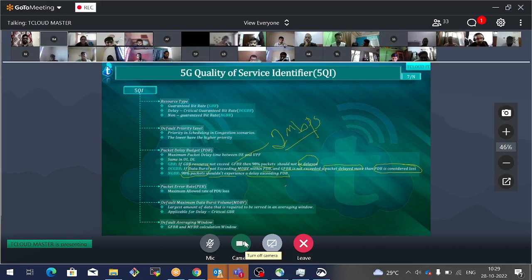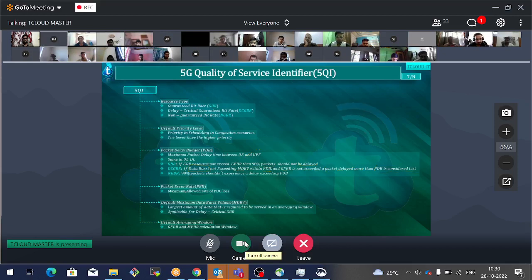But there is no guaranteed bitrate associated here. Whatever packets are generated, working within the limitations of your aggregate rates, those packets should not have more than 2% exceeding the PDB value. Okay, so that's one parameter that is set.